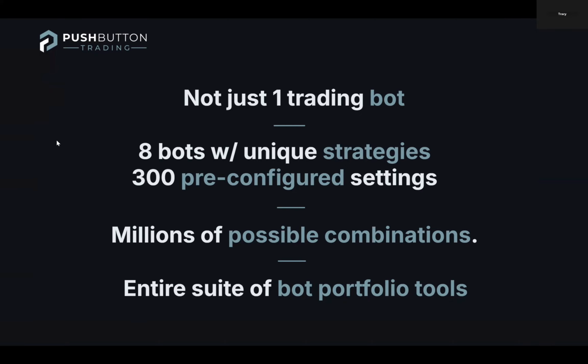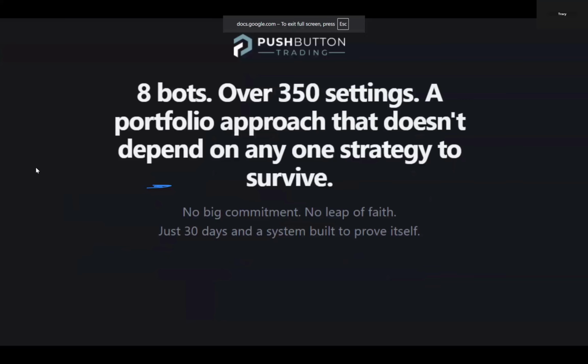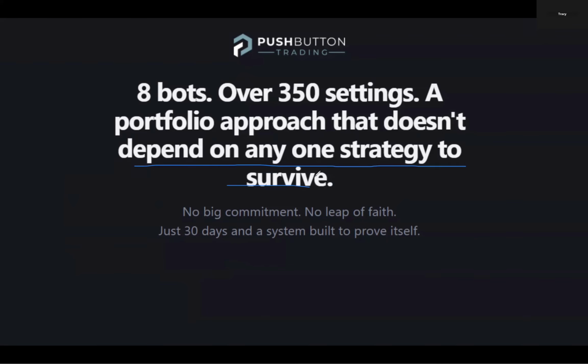We actually just recently, as of a few days ago, went up to 350, and there's millions of possible combinations, an entire suite of bot portfolio tools. What I want to show you is 8 bots, over 350 settings, and a portfolio approach that doesn't depend on any one strategy to survive. Have you guys seen anything like this before?